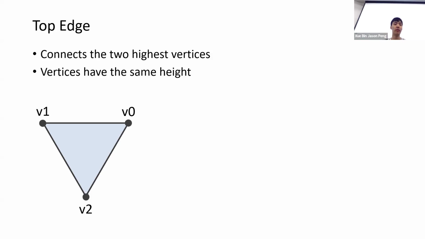For example, for this particular triangle, the two highest vertices are vertex 0 and vertex 1, and these two vertices also have the same height. So the edge connecting vertex 0 to vertex 1 will be considered a top edge because it satisfies both of these conditions. It connects the two highest vertices, and the two highest vertices have the same y value, the same height coordinates. So in this case, we can say that this is a top edge.